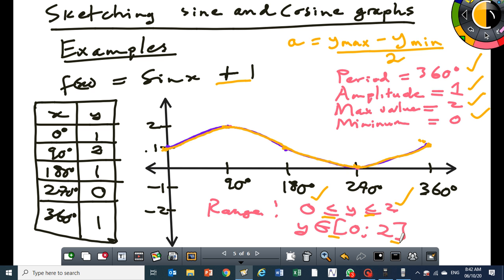You use your square brackets. No circular brackets when you're writing the range. So this is how you write your range. Make sure you are familiar with what I just did here. So what is the relation next to y?